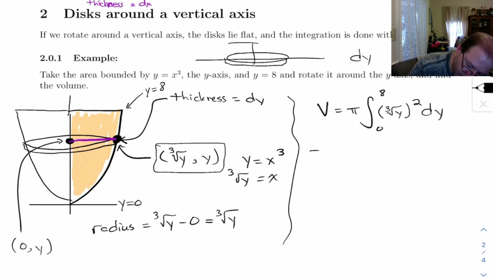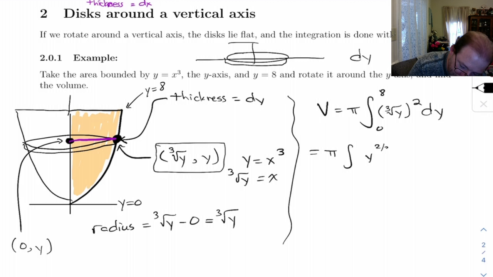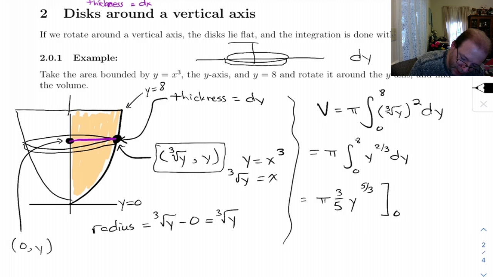And now we just have to work this integral out. All right, the cube root of y is y to the 1/3 power. When you square that, you get y to the 2/3 power. If you add 1 to 2/3, you get 5/3. And so we have to divide by 5/3, or multiply by 3/5. We're going from 0 to 8.